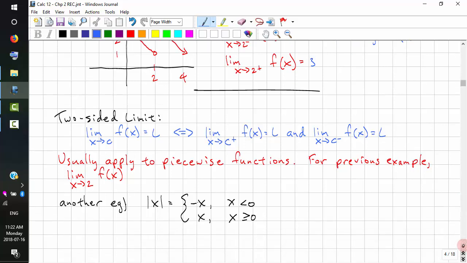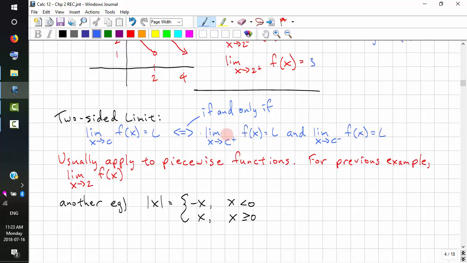Okay, and a two-sided limit. The limit as x approaches c of f of x equals L. And this is called if and only if. If and only if the limit as x approaches c from the right of f of x equals L, and the limit as x approaches c from the left of f of x equals L. So if we have this, it means this.